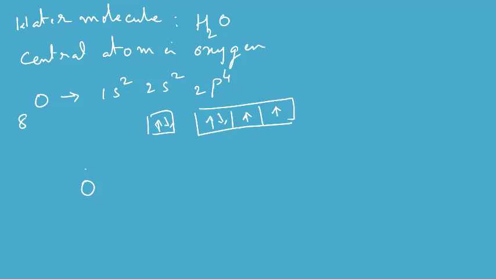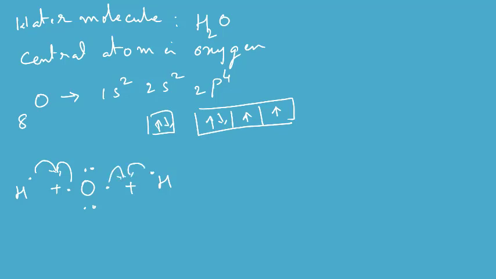Therefore, oxygen has 2 lone pairs and 2 unpaired electrons, plus hydrogen, each with 1 unpaired electron. So this electron and this electron pair together, and this electron and this pair together.